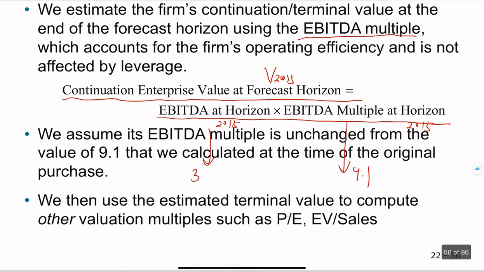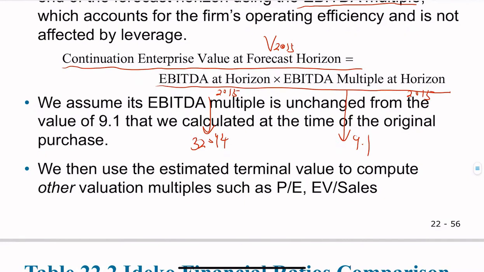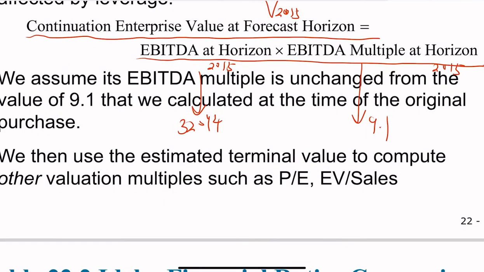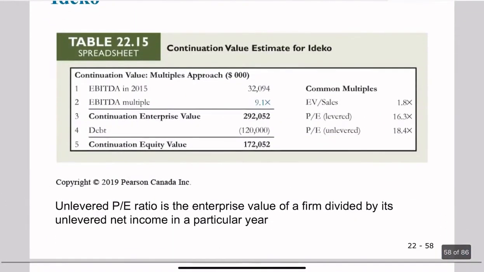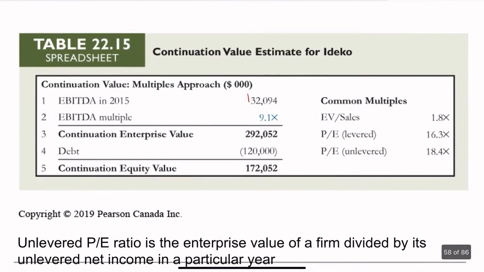So it's 32094. And clearly you can see that the terminal value estimation in 2015 would be given by the multiplication of these two numbers, right? So if you look at this table here, that is exactly what this table is trying to do, right? EBITDA in 2015 times this multiple, which gives us a continuation enterprise value.